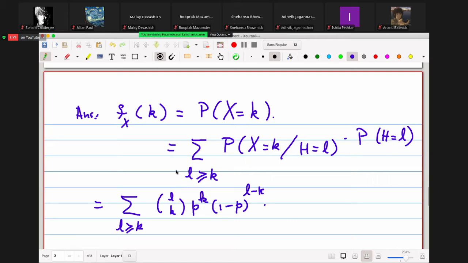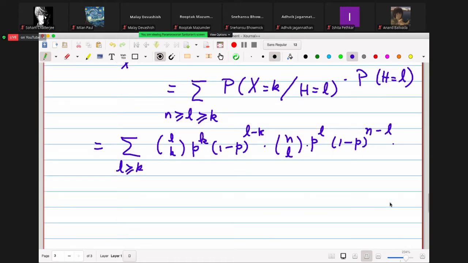This sum is up to n. So this is n choose L, p power L, (1 minus p) power n minus L. You can leave it at that, or you can simplify further.